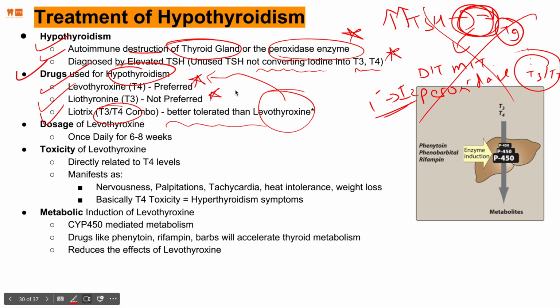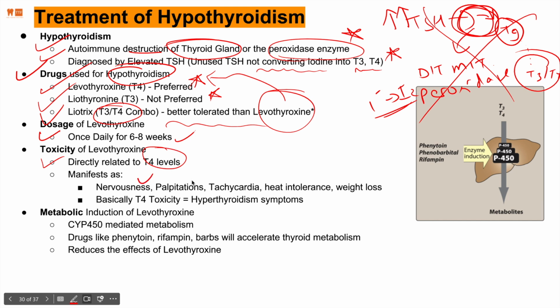for our therapeutic purposes. Dosage of levothyroxine: once daily for 6 to 8 weeks to regulate thyroid hormones for hypothyroidism. Toxicity of levothyroxine is directly related to T4 levels, and it manifests as hyperthyroidism emergency.